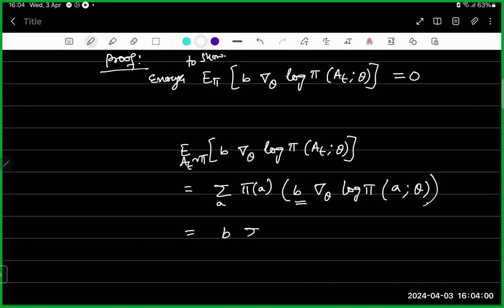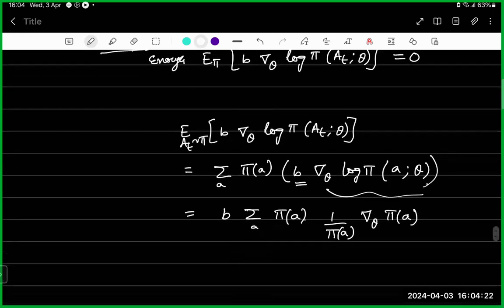And this one I can write it like this, right? Since b is not a function of a, I just pulled it out and I've written the remaining terms.